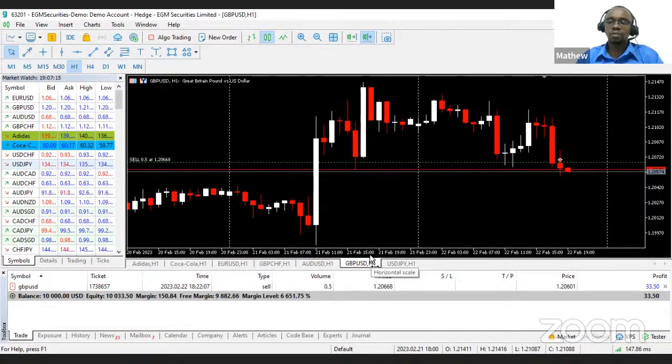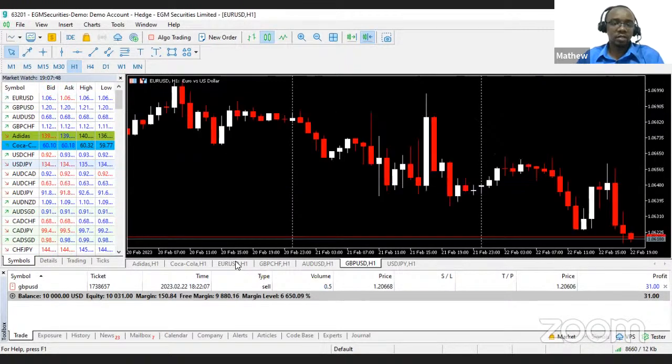So that's a simple way of creating a template, and you don't have to go back setting out every currency. Let's say if you didn't use a default template, then you'll have to keep changing every other time, selecting that and saying that I want to adopt this as my default.